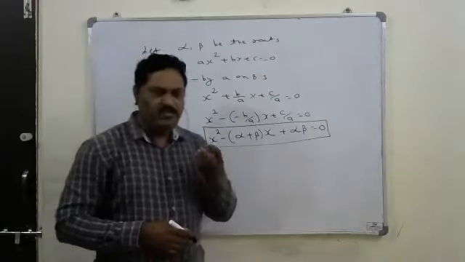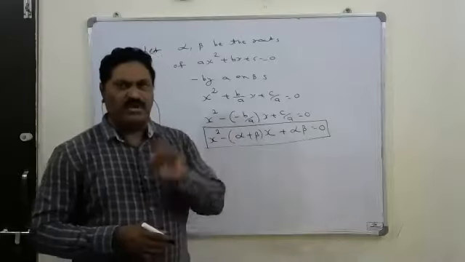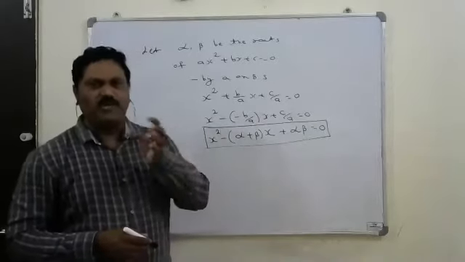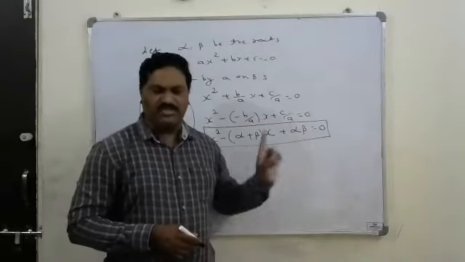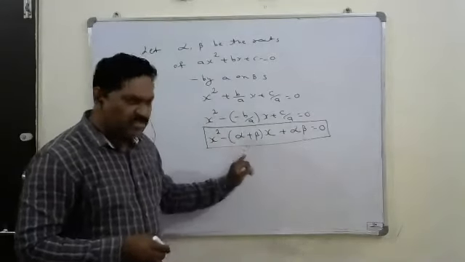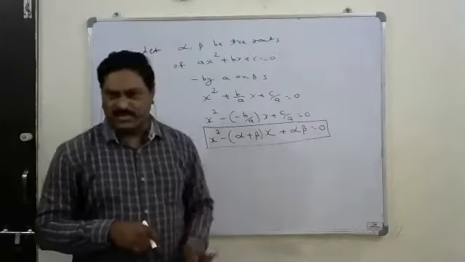plus product of the roots is equal to 0. Right? So if you want to find the quadratic equation, you just need to know the sum of the roots and the product of the roots, then you can write the corresponding quadratic equation. That is x square minus sum of the roots into x plus product of the roots is equal to 0.